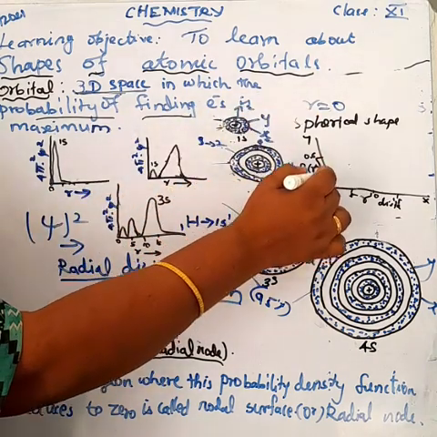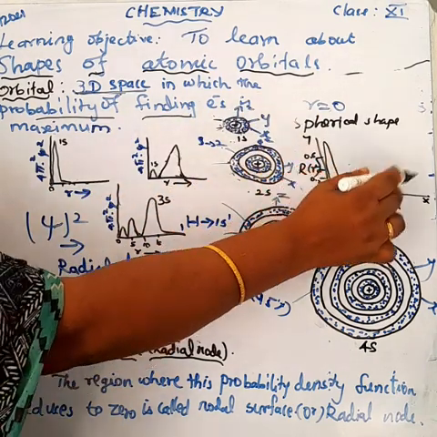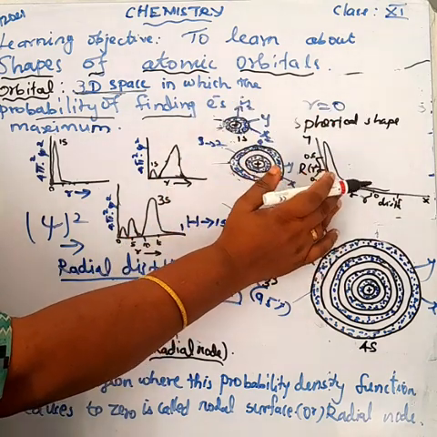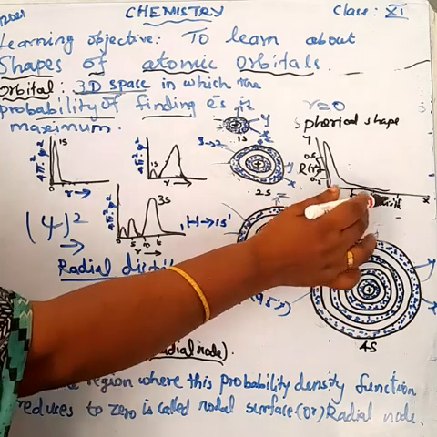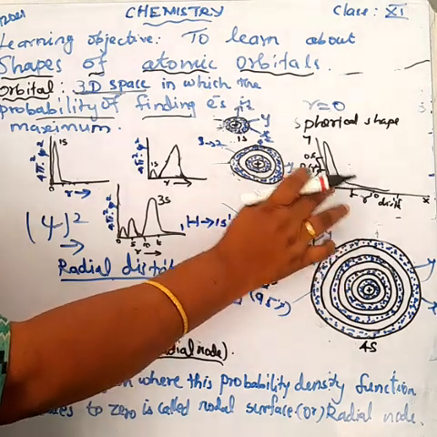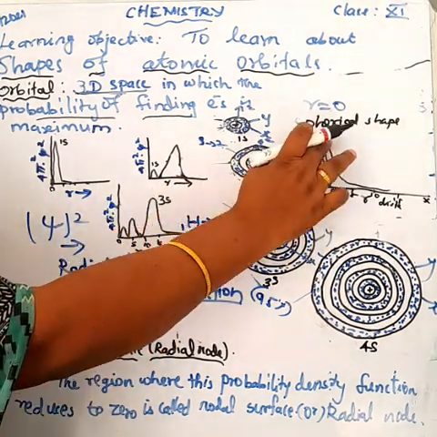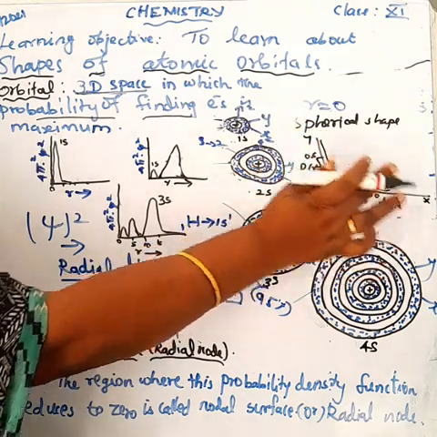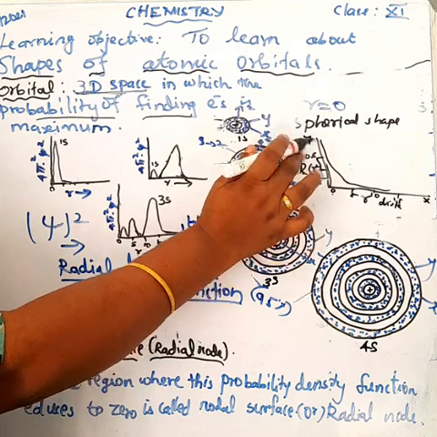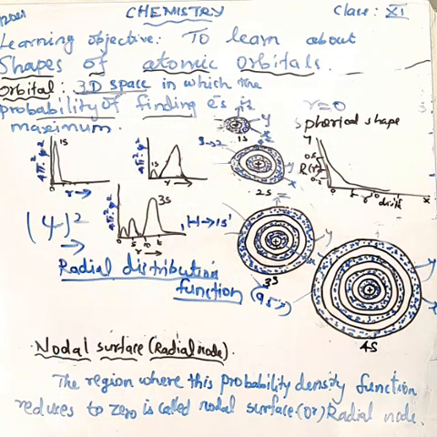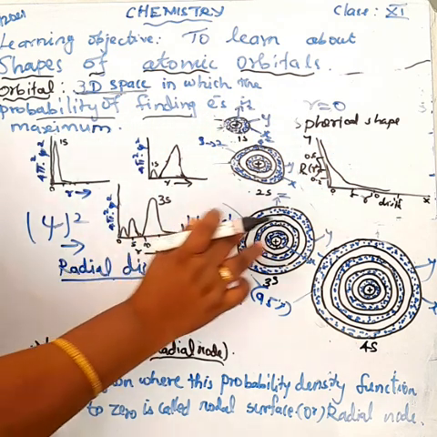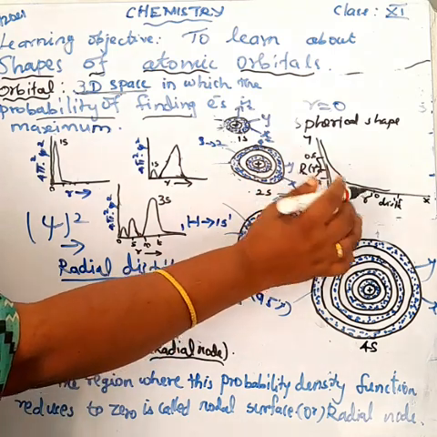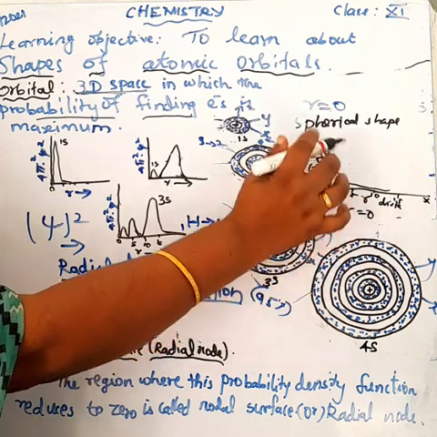Here, this is the distance, and this is the maximum probability. We are plotting the curve: on the x-axis we are taking distance, and on the y-axis we are taking the probability of electrons. When the distance r is 0, the probability will be maximum.